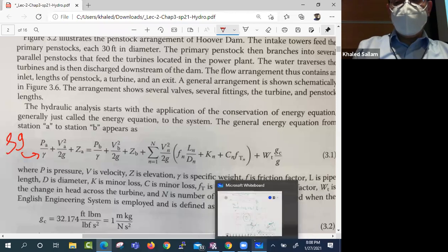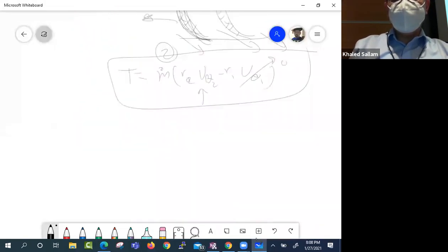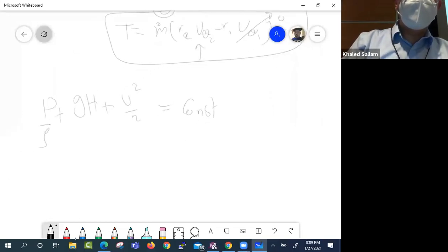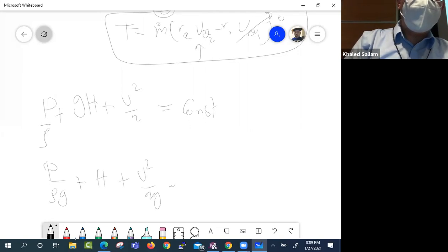Because the Bernoulli equation can be written as P over rho plus gh plus V squared over 2 equals constant. But you can also choose to divide by g, and then the equation becomes P over rho g plus h plus V squared over 2g equals constant.